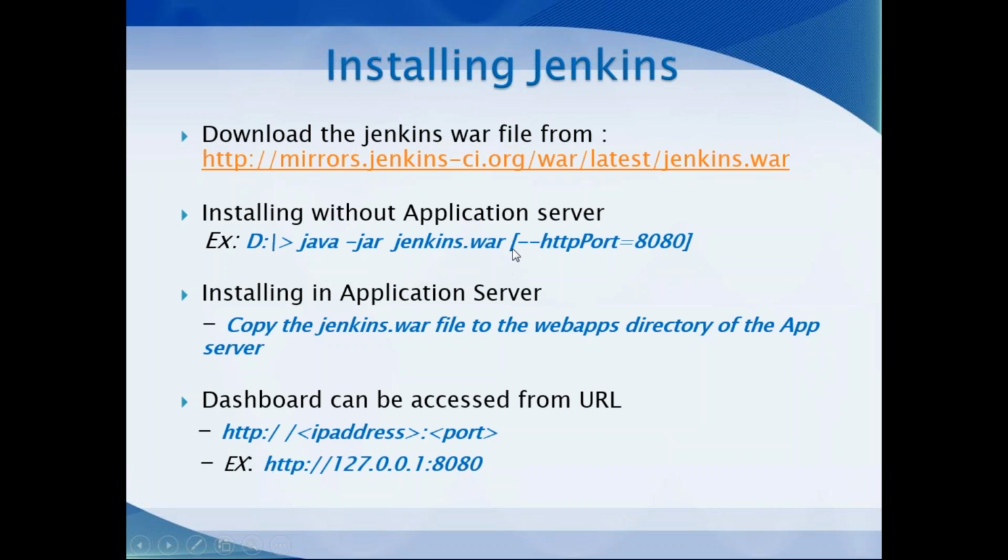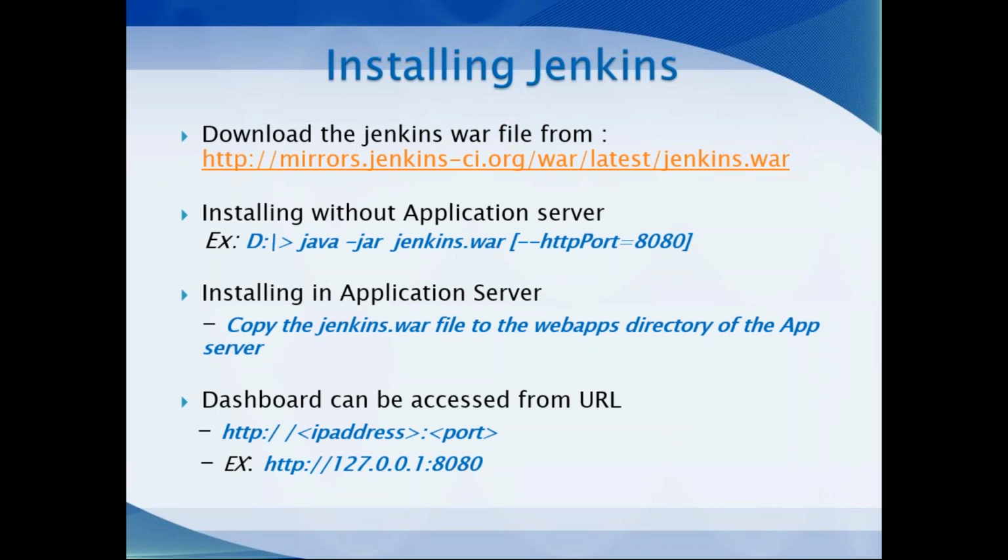Web archives are the files which are the outputs of some builds. For example, if you are developing Jenkins, you have some code in Java, and after using the ANT script, you can create WAR files which can be run directly.